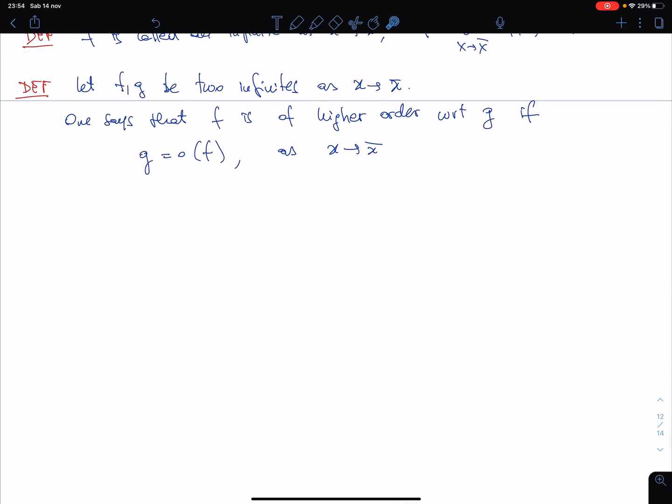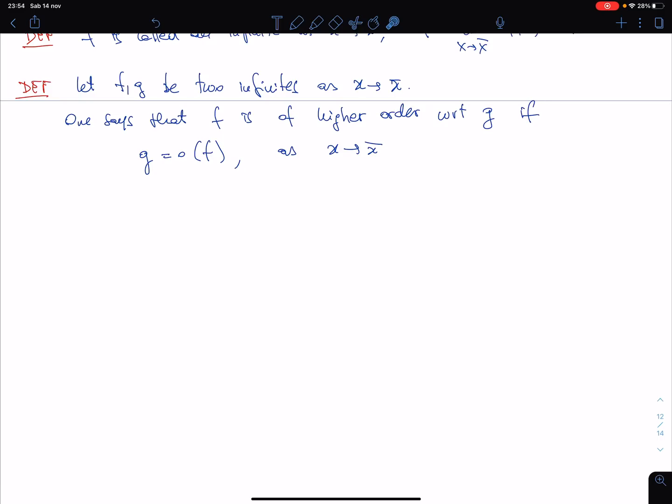So f is of higher order as an infinite with respect to g if it is stronger as an infinite. So if g is negligible with respect to f. So don't get confused about that, and instead of learning it by heart, reason on it. Always reason on it. Because this reasoning is quite clear, so it cannot be deceptive.